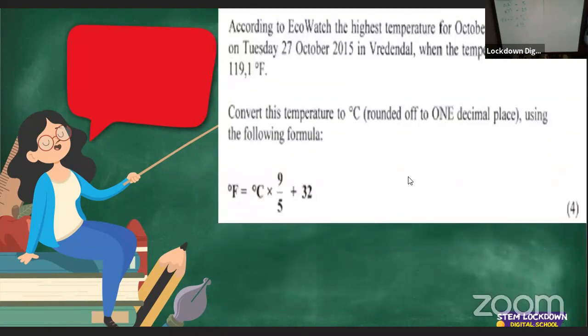Okay, so let's look at the question. It says, according to Apple Watch, the highest temperature for October was recorded on Tuesday, 27 October 2015, when the temperature reached 119.1 Fahrenheit.